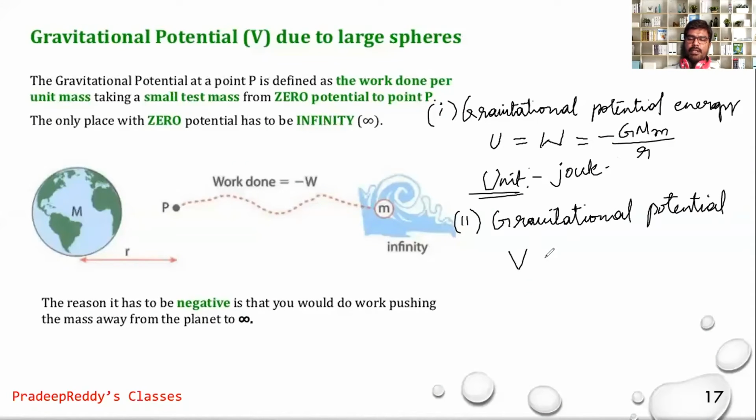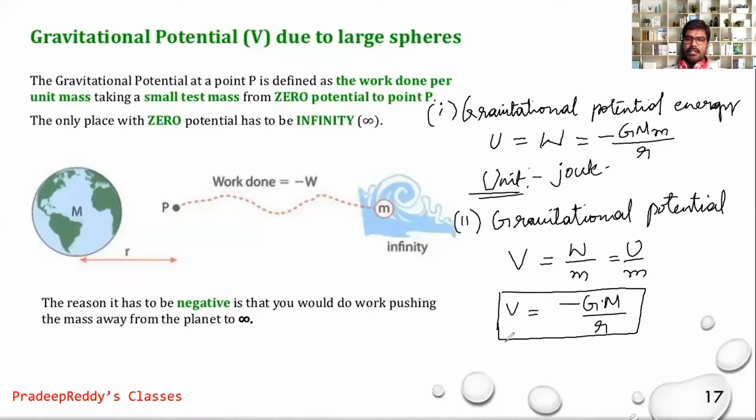And this gravitational potential is denoted with V. It is gravitational potential energy divided by mass m, or you can write it as U divided by m. So V will be equal to minus GM divided by R. This is the equation for gravitational potential, and the unit of gravitational potential is Joule per kg.